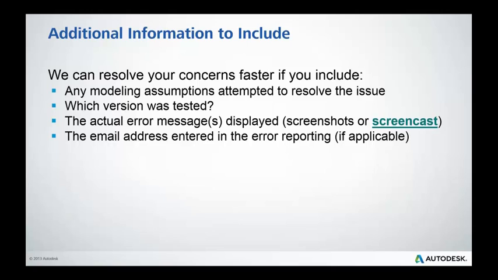So additional information that is helpful for us and can usually result in getting your case resolved faster is any modeling assumptions you've made about boundary conditions and things like that. Include those in the description, describing kind of your approach there. What version are you using?